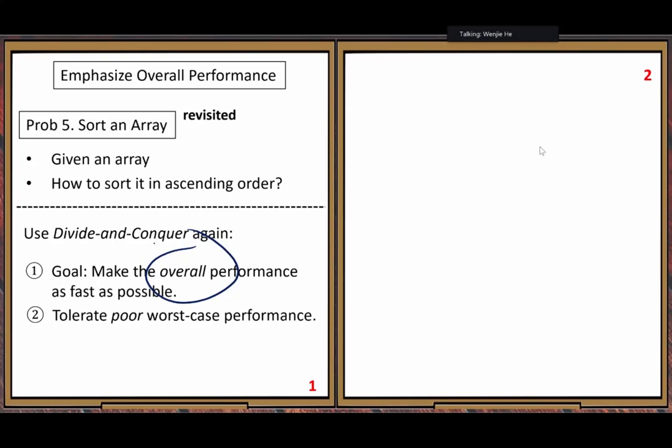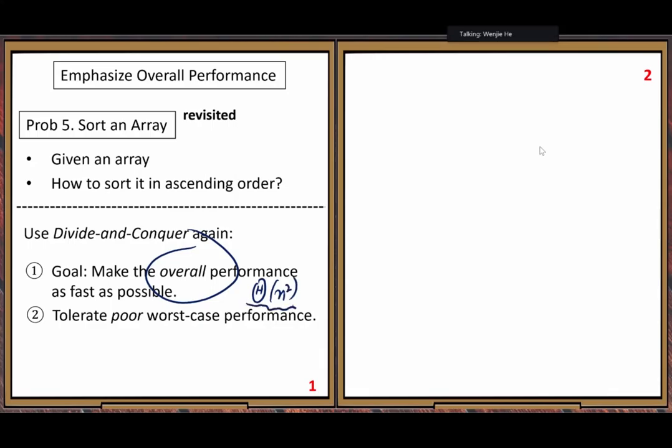For the merge sort, we want to avoid poor worst case efficiency, right? So you can see, comparing with the merge sort, we want to avoid that kind of bottleneck. Poor worst case, we treat it as a bottleneck, because the efficiency in asymptotic notation, big theta of n squared, is very slow.